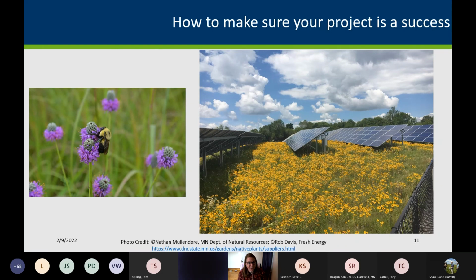It's exciting to produce energy in this way. It's also exciting to do it with habitat and all of these benefits. So we strongly recommend that solar companies, to be successful, really need to be working with restoration professionals, native seed companies, to make sure that the prairie restoration portions of these projects are successful.